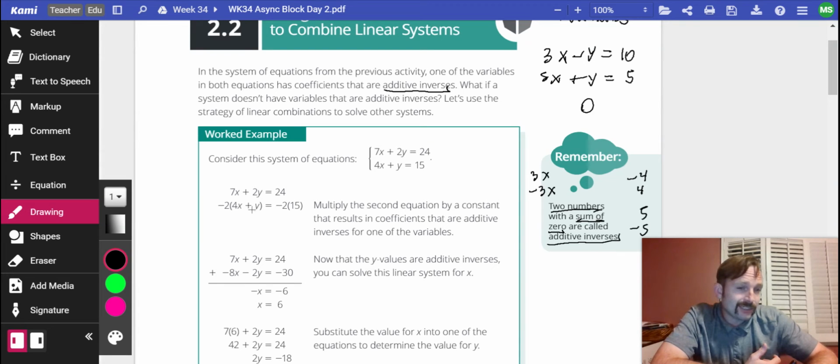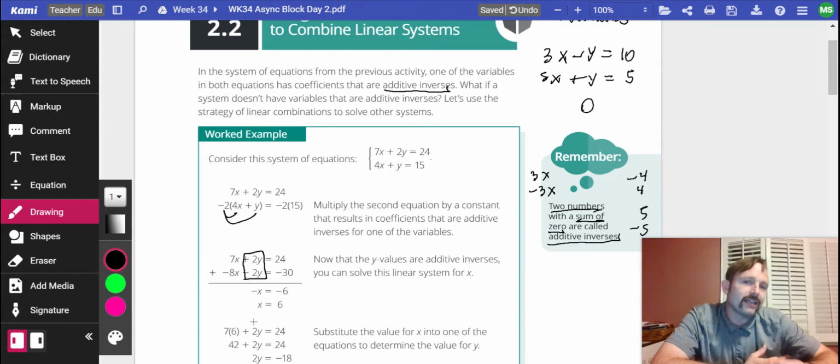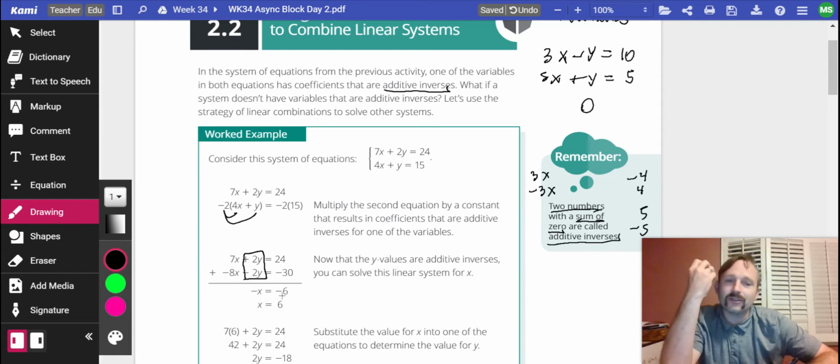We can get rid of that 2y by having negative 2y. What times y equals negative 2y? Well, it's a negative 2. So if they multiply these out, we get negative 8x minus 2y is equal to negative 30. And lo and behold, these are additive inverses. If you add those two together, you'll have a sum of 0.